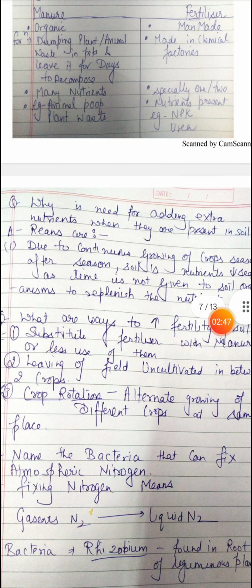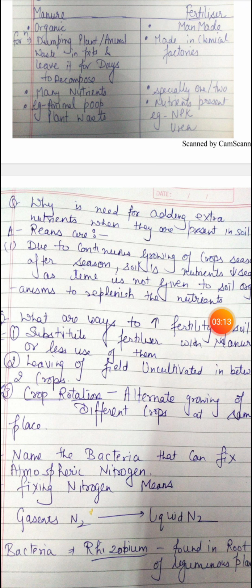The reason is that when we continuously grow crops every year, every plant, every crop uses the nutrients, and then we cut it, and that becomes the fruit. Suppose this year you are growing some crop and giving it manure and fertilizer.